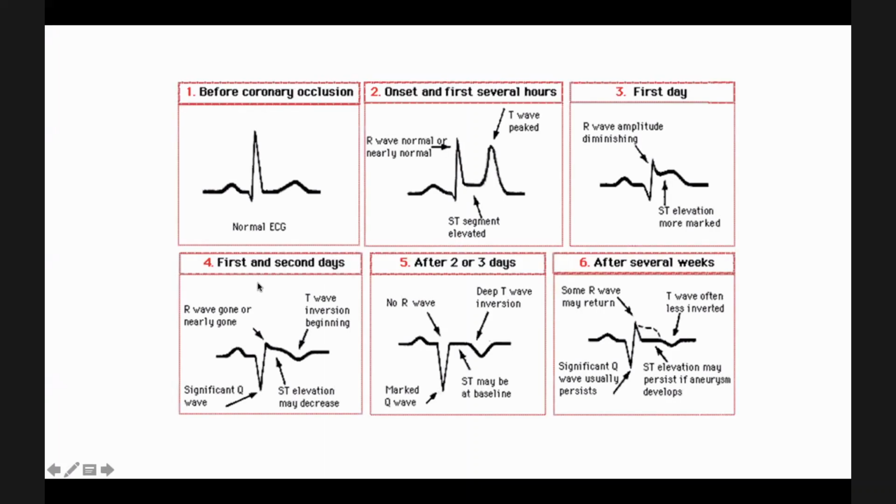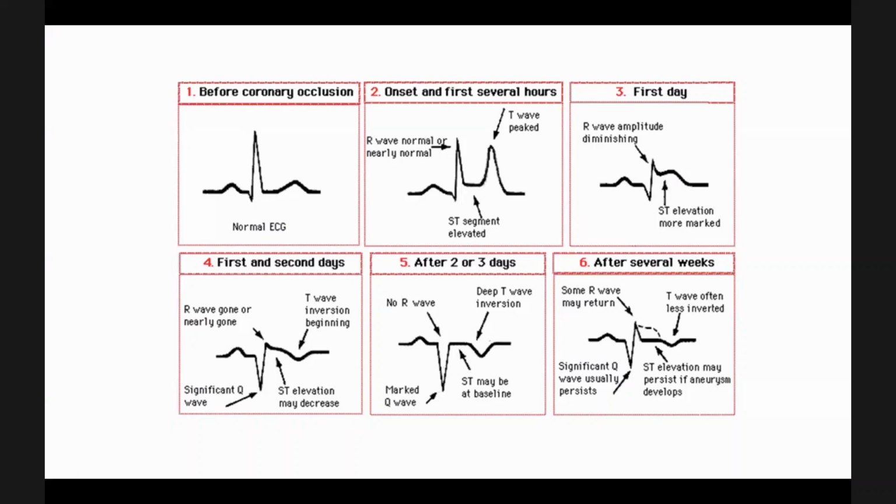So we'll discuss some ECGs of acute coronary syndrome. I'm going to talk only about the ST elevations. As it's almost 1.5 hours now, we'll just think of this as a normal ECG.